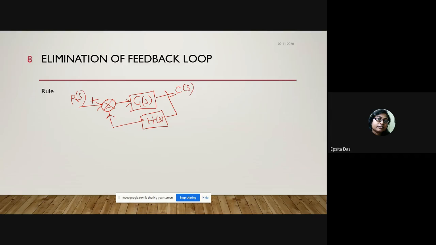That is the transfer function to eliminate the feedback loop, that is nothing but GS by 1 plus GSHS for negative feedback and minus GSHS for positive feedback. So this is the overall formula or the rule. These are the rules which are necessary and important to simplify the block diagram.